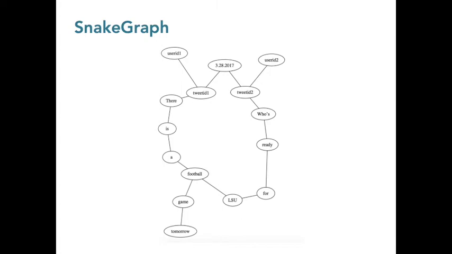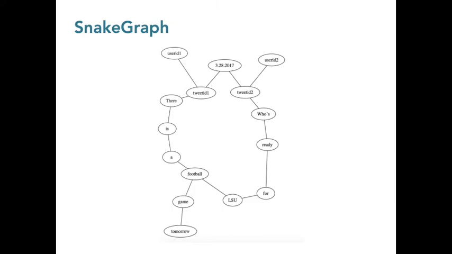So for example, for tweet ID 1, if we have a tweet that reads, "There is a football game tomorrow," we attach all of those words in sequence to the tweet ID node tweet ID 1. Because these sequences of words resemble a snake, we call this graph that we introduce in our study a snake graph.